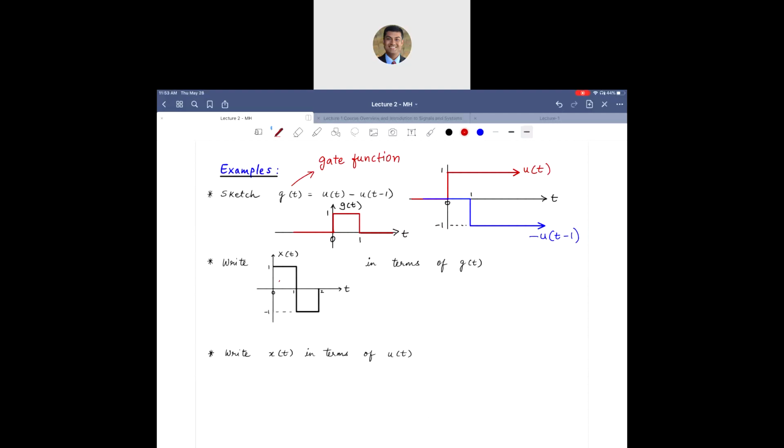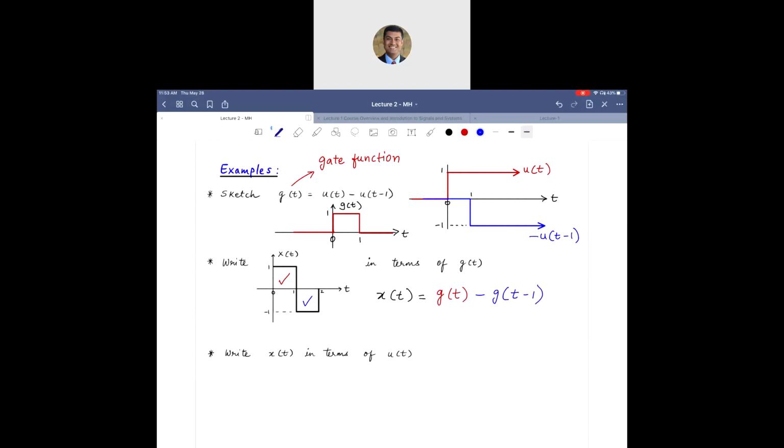So for this, let me do this in red, let me do this in blue, and then I can say x of t. In red, I should say g of t minus g of t minus 1.